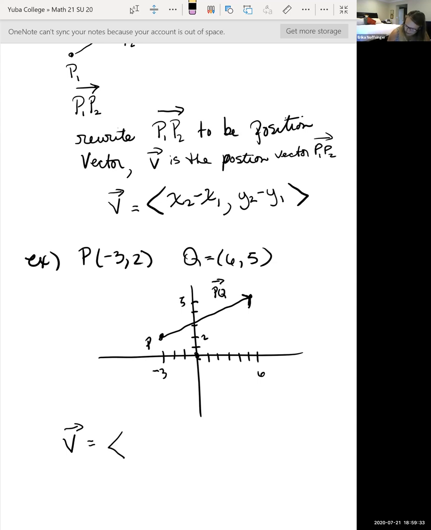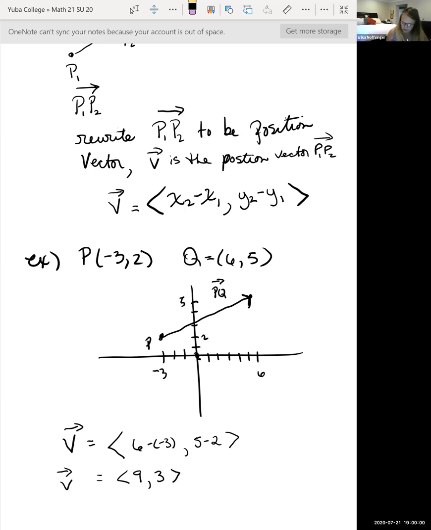the change in our X value. So our change in our X value is 6 minus a -3. And the change in our Y value is 5 minus 2. So this is going to be 9. 5 minus 2 is 3.